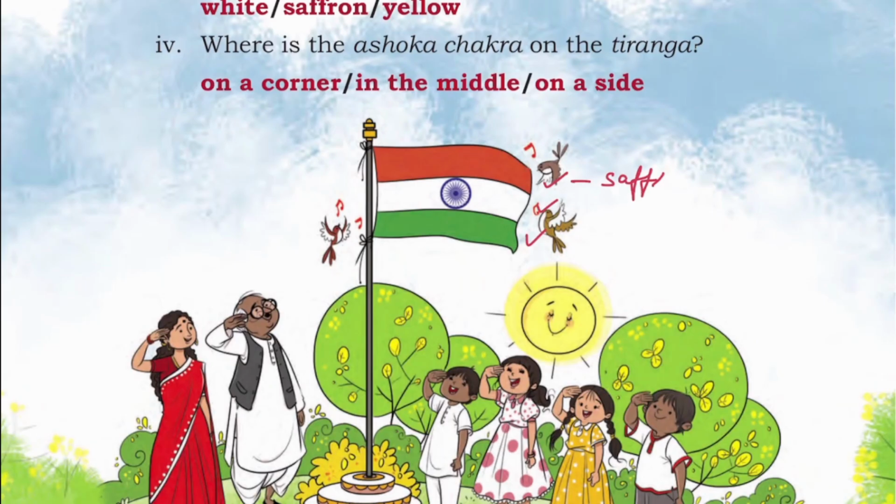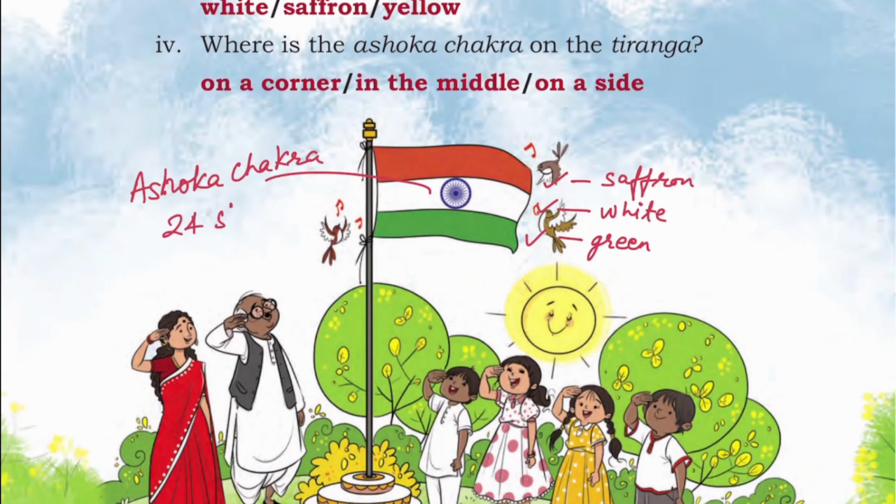Saffron at the top, white below it, and green at the bottom. You can see Ashok Chakra in the middle. It has 24 spokes.